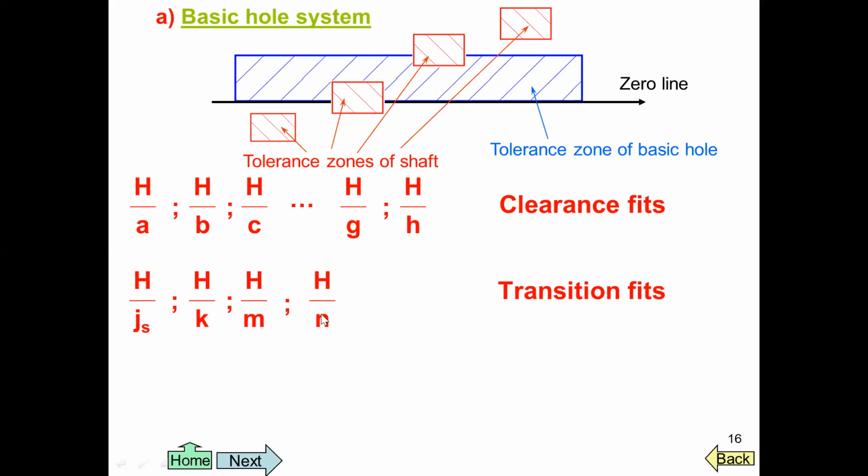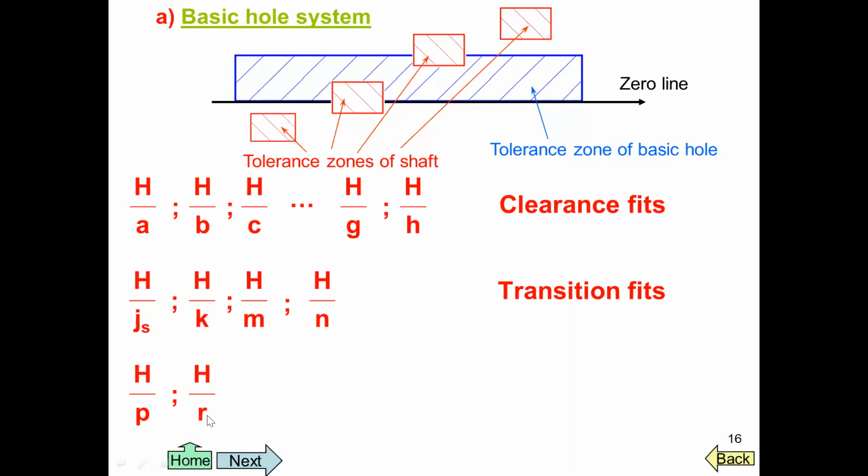And after n, you have p. If you choose the fit with H over p, that means you have an interference fit, because in this case the shaft tolerance zone is above the hole tolerance zone.